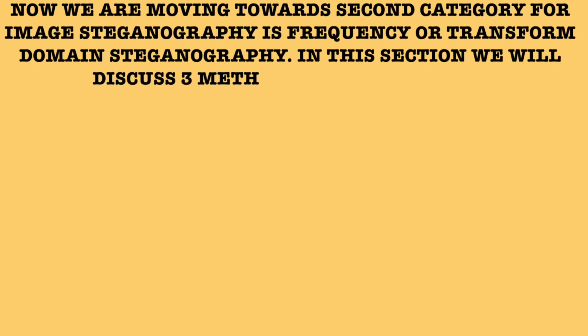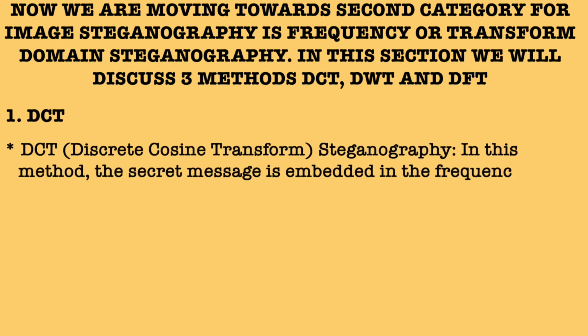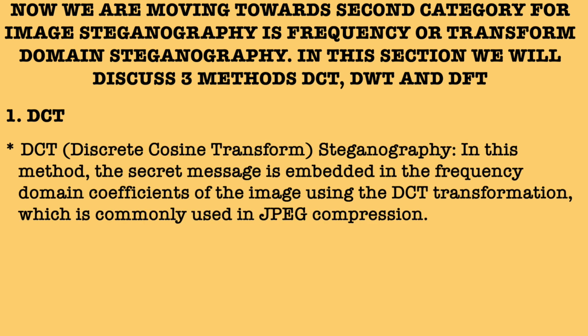Now we are moving towards the second category of image steganography, which is frequency or transform domain steganography. In this section, we will discuss three different methods: DCT, DWT and DFT. Let's start with DCT first. DCT means discrete cosine transform steganography.